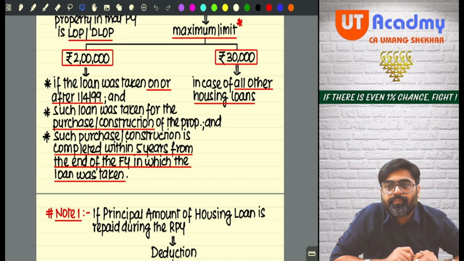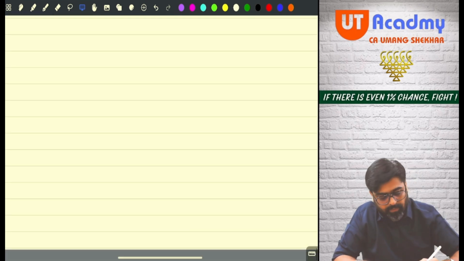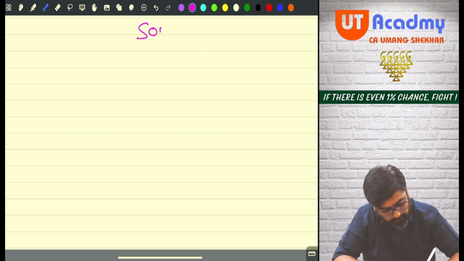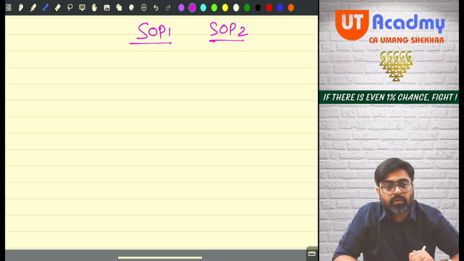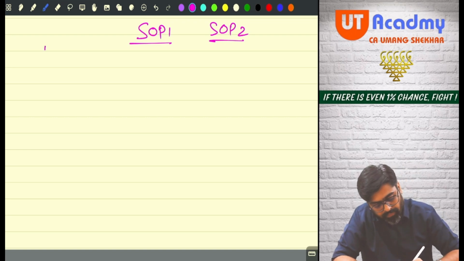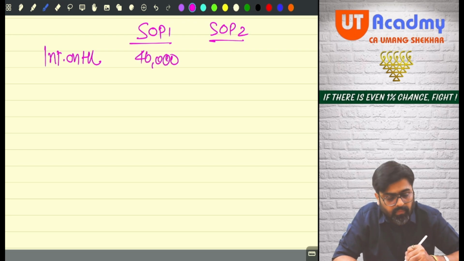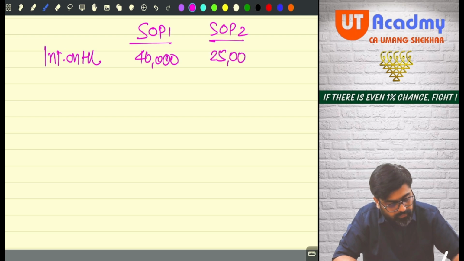Got it, everyone? Now pay attention. You have two SOPs, SOP 1 and SOP 2. For both these SOPs, you can claim annual value as exempt. Now, for example, interest on housing loan for SOP 1 was 40,000, and for SOP 2 it was 25,000.